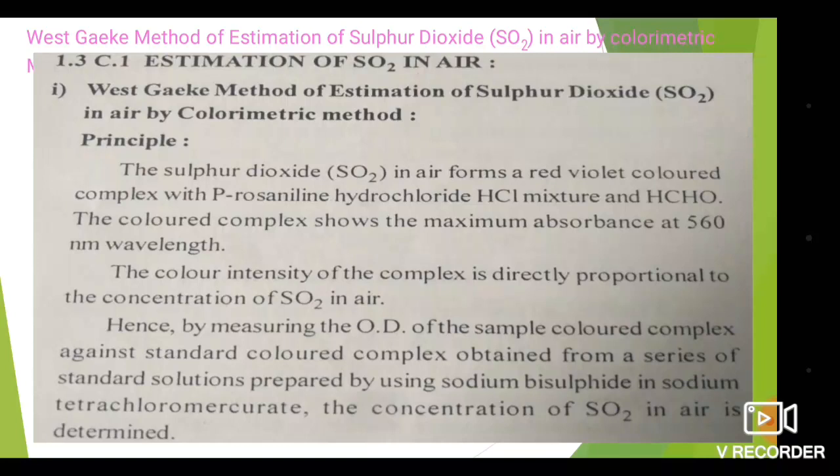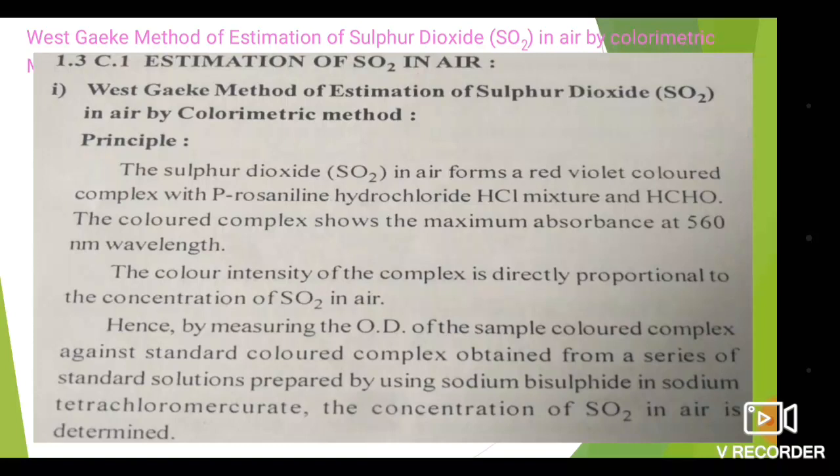The color intensity of the complex is directly proportional to the concentration of SO2 in air. As we know from the Beer-Lambert's law, the absorbance is directly proportional to the concentration. So as the concentration increases, the absorbance increases. So the amount of SO2 in a given sample is directly proportional to the color intensity.